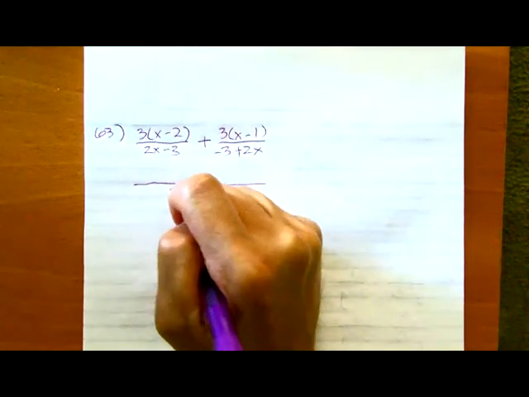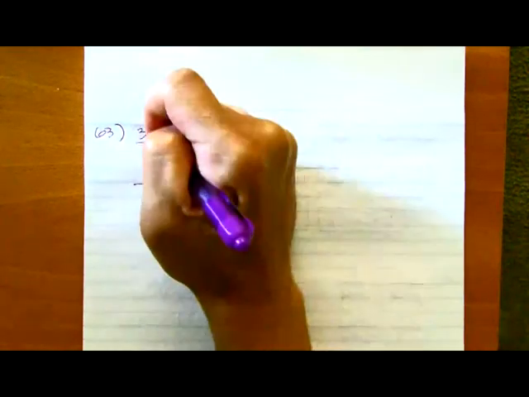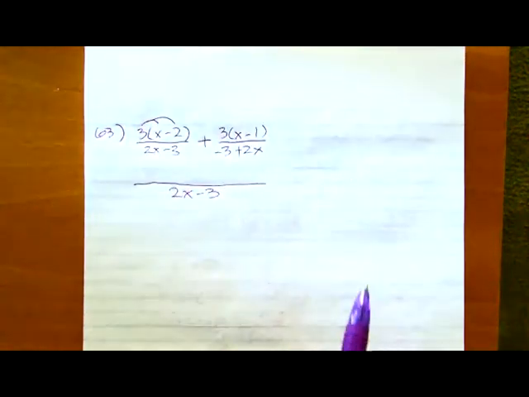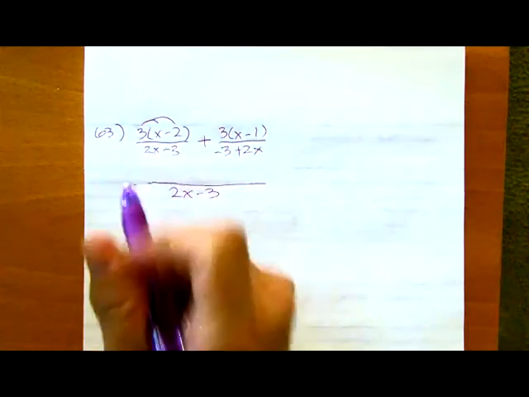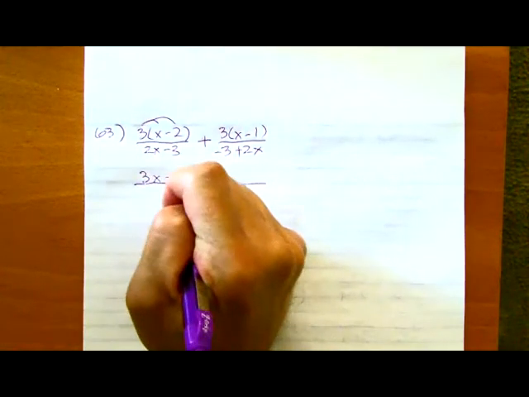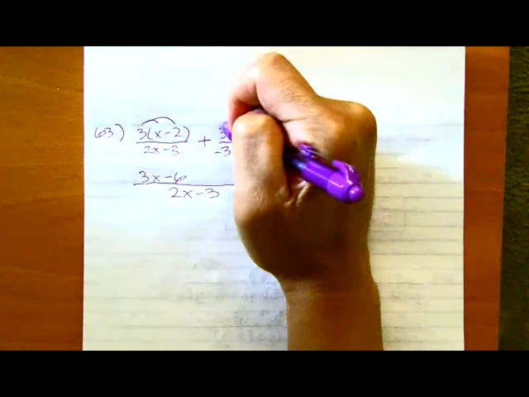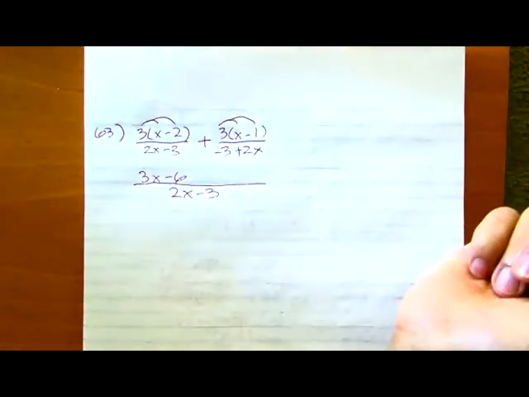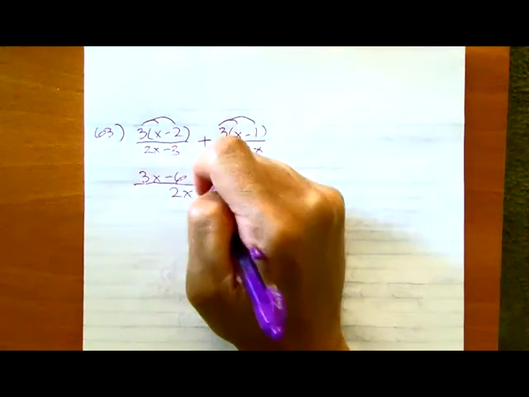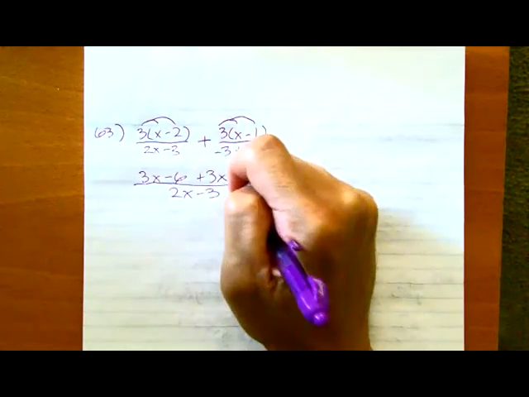Okay, so 2x minus 3. If I distribute the 3 in the first term, 3x minus 6. If I distribute the 3 in the second term, 3x minus 3.